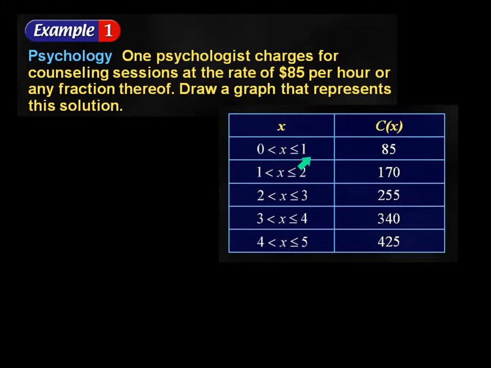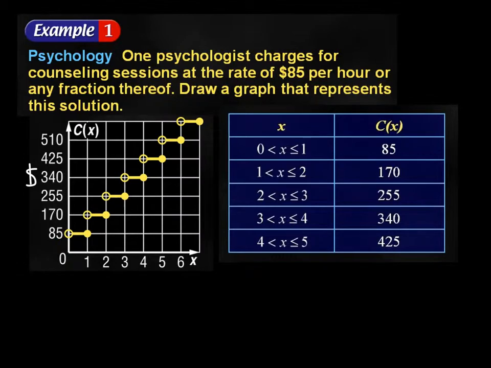But if you're there 61 minutes, boom, you're paying $170. So the graph of this situation, they've labeled the vertical axis every $85. That makes sense. He's charging $85 per hour. And the horizontal axis is our time in hours.